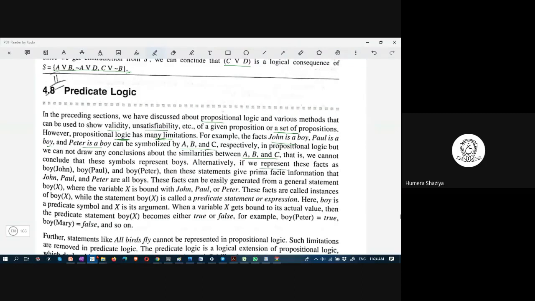An alternative way of representing these facts is boy of John, which means John is a boy, boy of Paul, boy of Peter. These statements give the information that John, Paul, and Peter are all boys. These facts can be easily generated from the general statement boy of X, where X is a variable that can be bound to John, Paul, and Peter. These facts are called instances of boy of X, while the statement boy of X is called a predicate statement or expression.